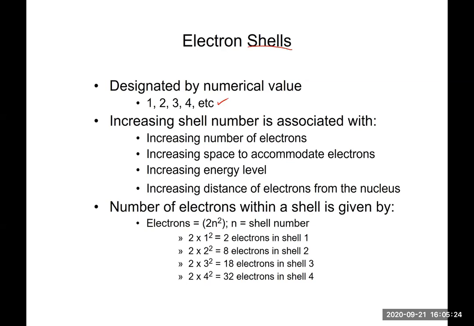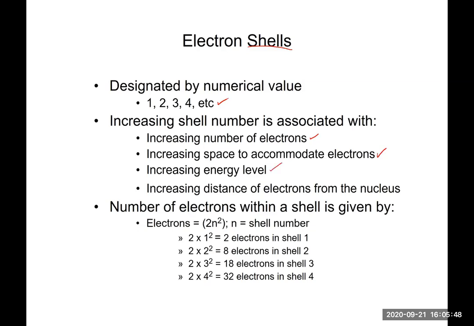Increasing shell number is associated with an increasing number of electrons, and increasing space to accommodate more electrons because you get further and further away from the nucleus. We looked at an s orbital. The sphere gets bigger and bigger as we get further away from the nucleus. When you increase the shell number, it's associated with an increasing energy level.